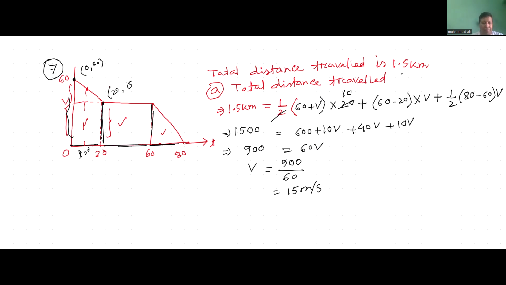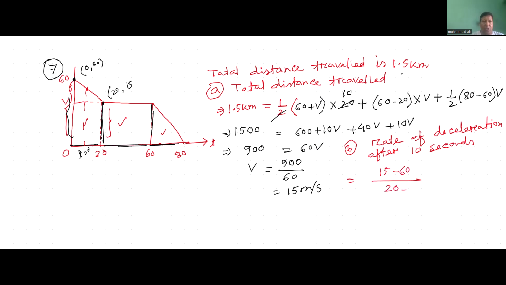Part B, rate of deceleration after 10 seconds equals the difference between y coordinates, that means 15 minus 60 divided by 20 minus 0, y2 minus y1 divided by x2 minus x1.